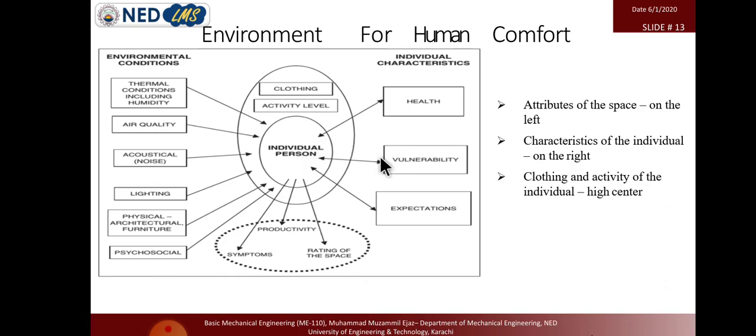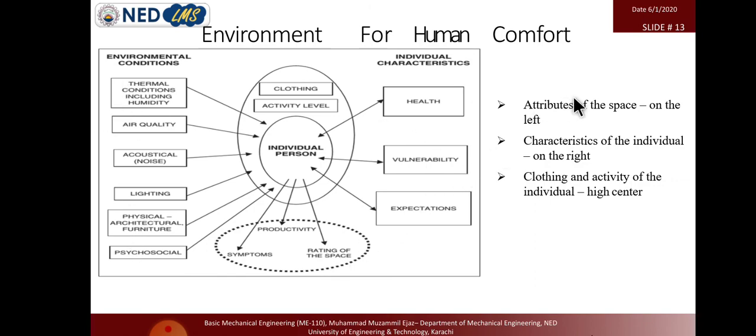And it is also correlated with vulnerability and expectations. The person who has a good environmental condition has very high activity, health, expectation and vulnerability, and then he will be able to give very high productivity. The attributes of the spaces are on the left, the characteristics of the individual on the right, and the clothing and activity of the individual are at the center.